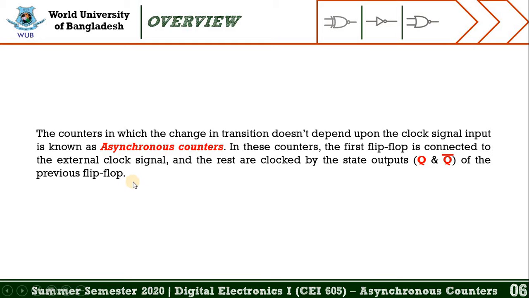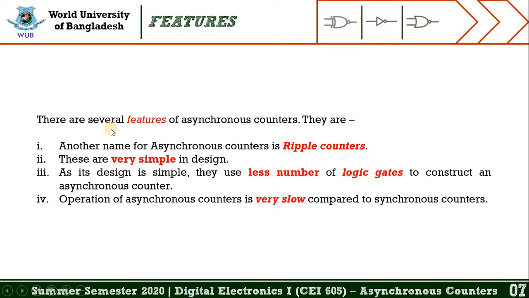Now the time has come to explore some of the features of asynchronous counters. That's why we need to move into the next slide. There are some features of asynchronous counters, such as: another name for asynchronous counters is ripple counters.